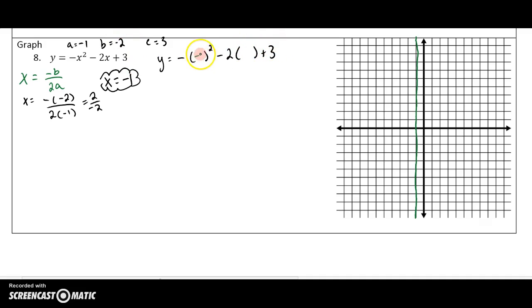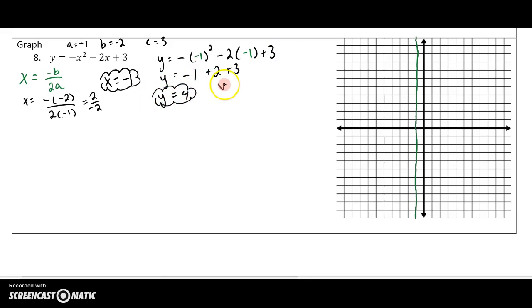So I plug in -1 here, and -1 squared is 1, but the negative sign is just waiting for it, so it turns it into a negative. -2 times -1, positive 2, plus 3. So I get y equals -1 plus 2, which is 1, plus 3 is 4.